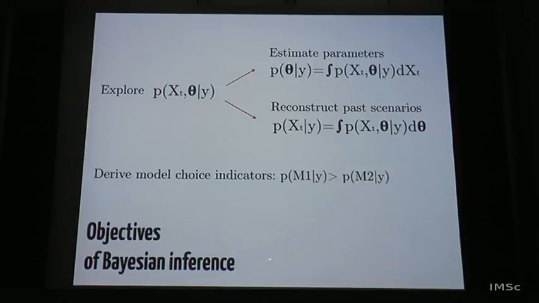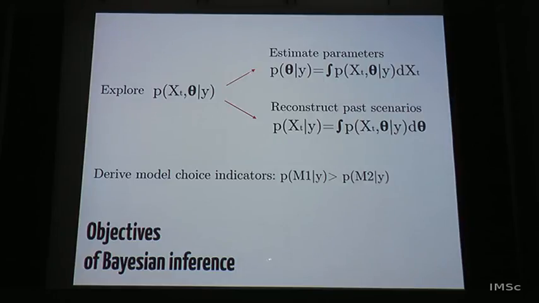And the objective of Bayesian inference is to explore this distribution, this density, which is the probability of the model given the data. And in the model, I can separate what is parameters and what is trajectories.